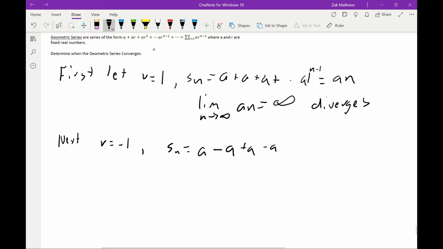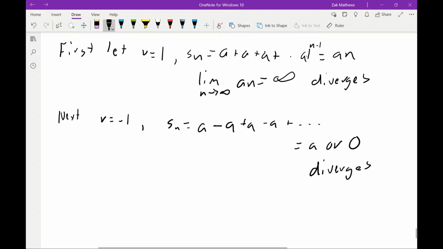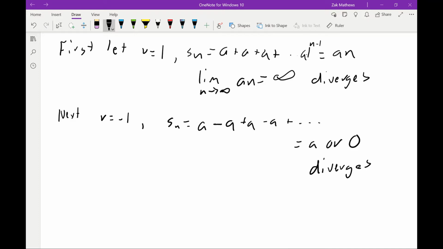We're going to do this over and over again. And so what we're seeing is these partial sums are continually flipping between being equal to a or 0, depending on where we're stopping. And so again, this is not converging, this is diverging. So if r is equal to negative 1, we have another divergent series.